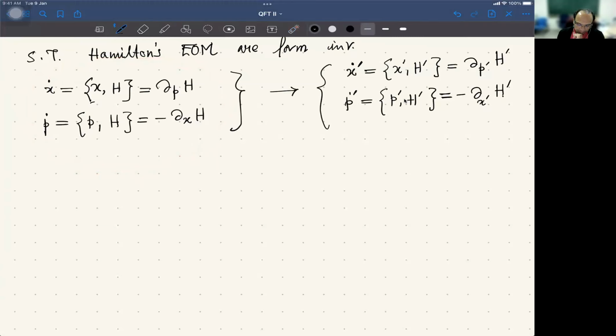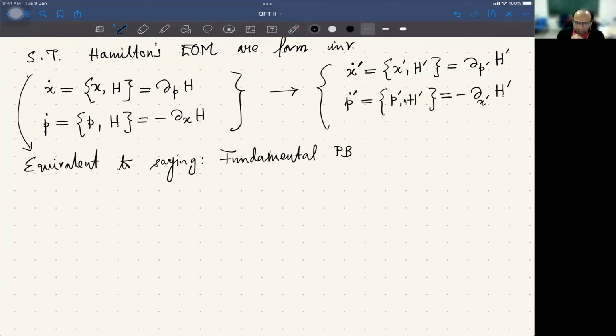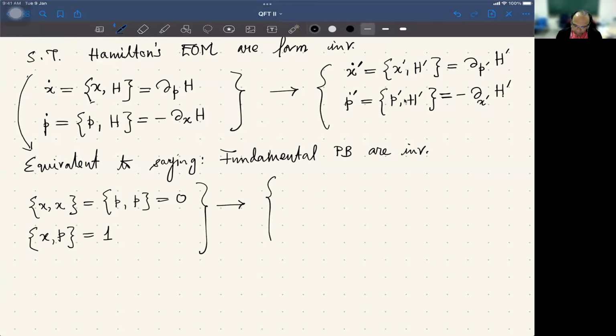So this statement is therefore equivalent to saying that fundamental Poisson brackets are invariant under this transformation, which means that the x, x Poisson bracket equals the p, p Poisson bracket equals 0 and x, p equals 1, this must go to the new set of Poisson brackets which are the same.